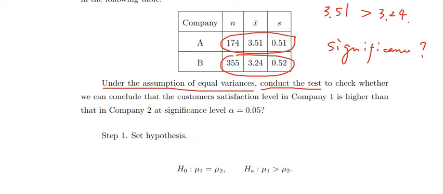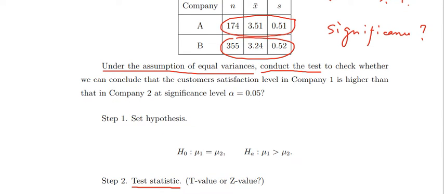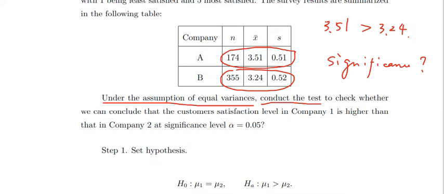So here we do the same problem, but we use a different formula. If we assume the variances are equal, then this test statistic follows exactly a T distribution with degrees of freedom n1 minus 1 plus n2 minus 1. The degrees of freedom also add up: add the two degrees of freedom together.